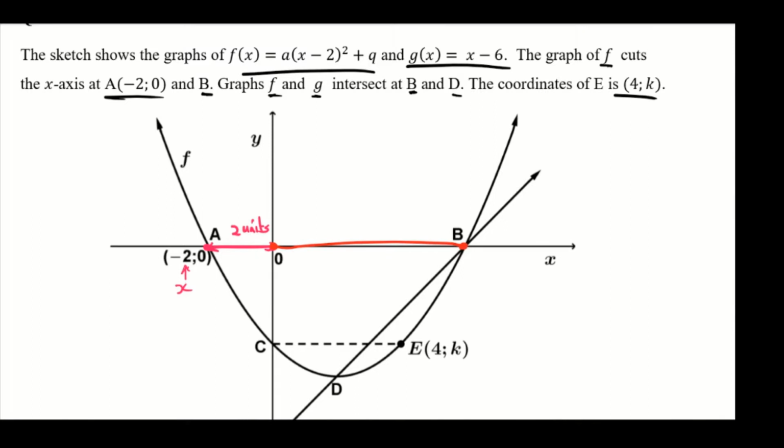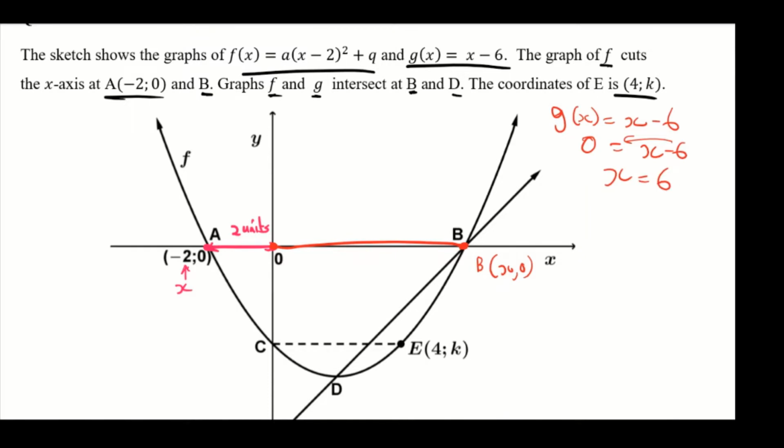So for us to find that, we need to find the coordinates of B, which we're not given, but we know that B touches the straight line and the parabola. So the equation of the straight line is y equals x minus 6, and for B, we don't know x, but we know y is 0. So if we substitute 0 in this straight line, 0 equals x minus 6, and we transpose the 6 to the other side, x would be equal to 6.